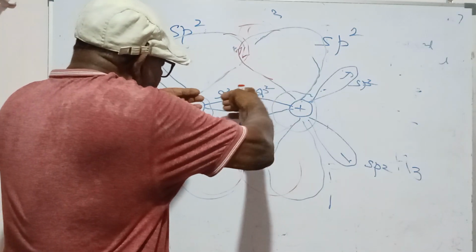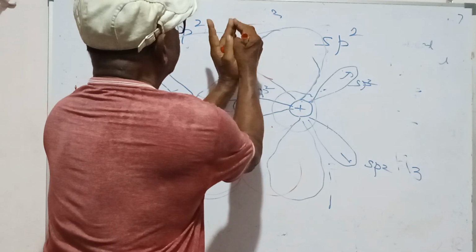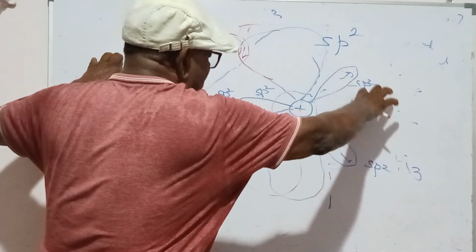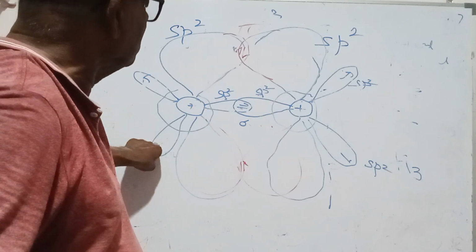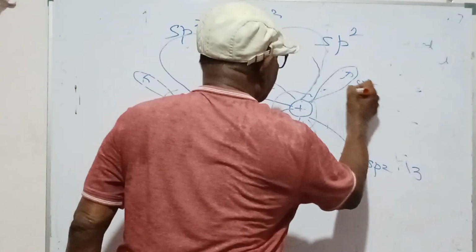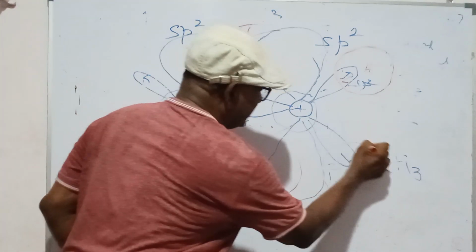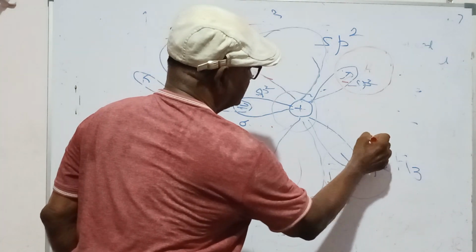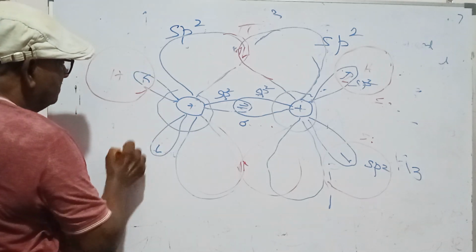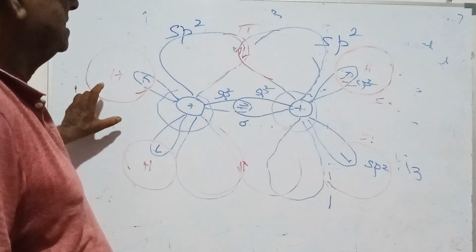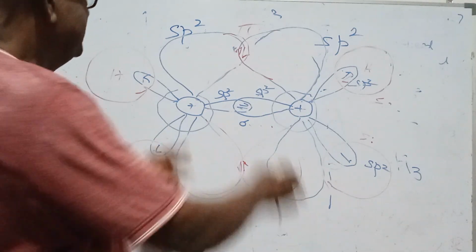After the connection of these two carbon atoms with the sigma covalent bond between the two nuclei, and the laterally overlapping pi bond, there are two sp2 hybridized orbitals of this carbon atom, and the other one also has two sp2 hybridized orbitals here. They combine with the s orbital of H atoms. Here also the same, combines with H atoms, thus forming four sigma covalent bonds with four H atoms. This is the molecule.